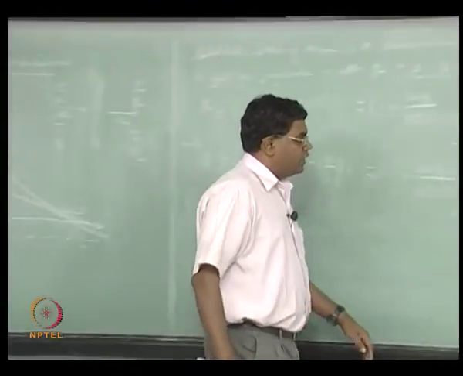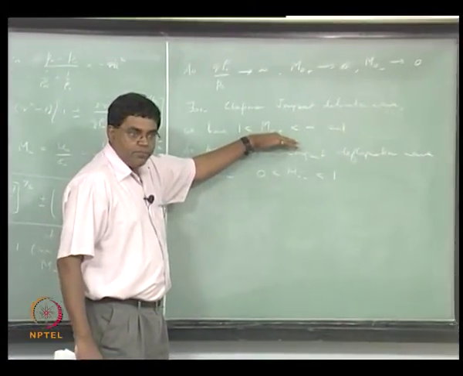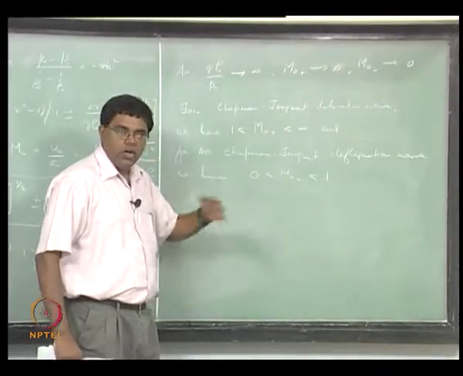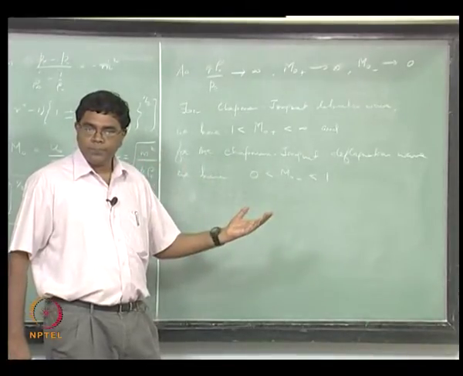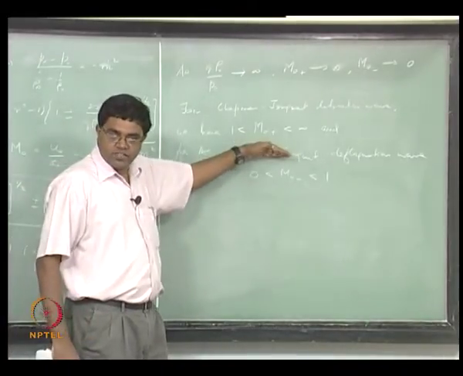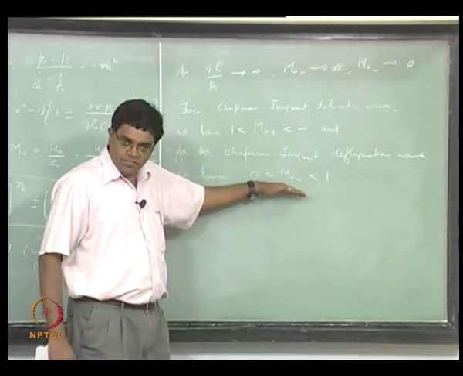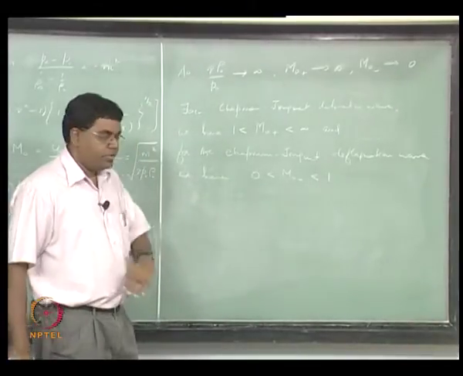So if you now have a CJ wave that is supersonic, right, that's a CJ detonation wave that is supersonic, all other detonations are going to be supersonic because this is the slowest. And if a CJ deflagration wave is going to be subsonic, then all deflagrations are going to be subsonic, right.